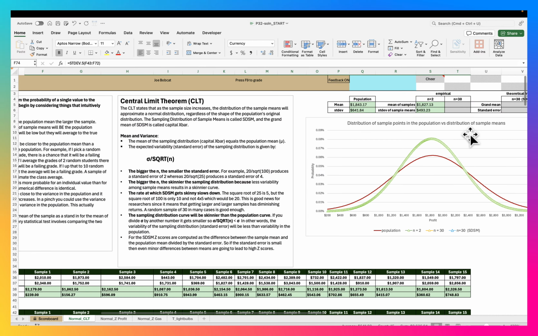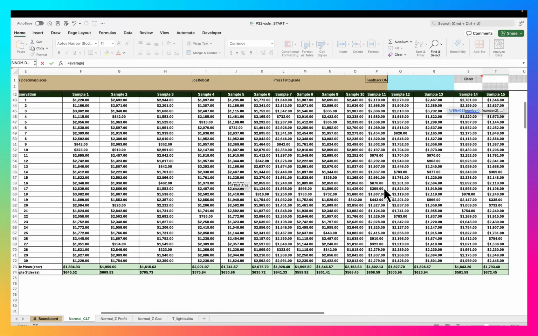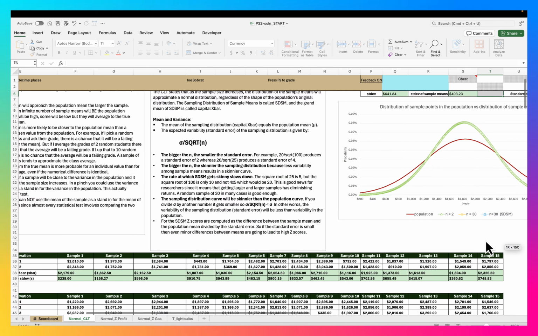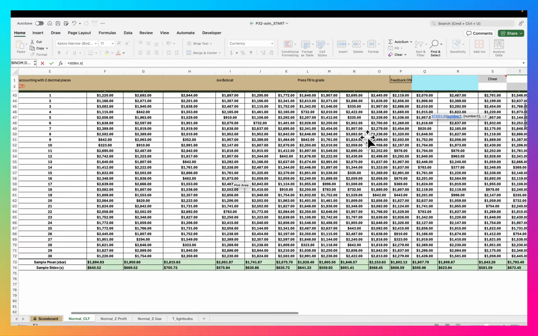All right, then come back up here, and we're going to do the equals the average of these sample means. So the means of the means. And then we want the standard deviation of those same sample means.